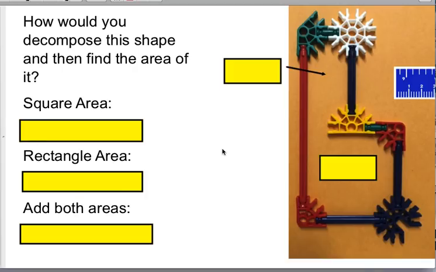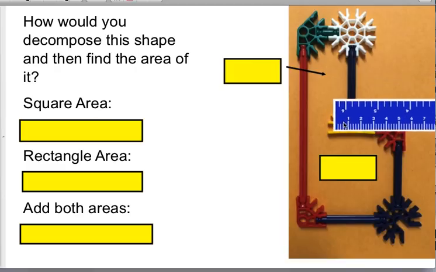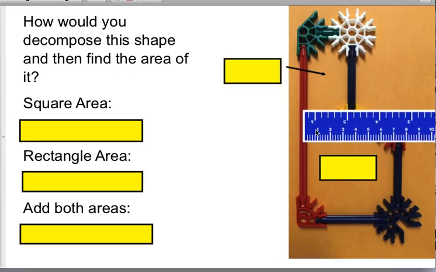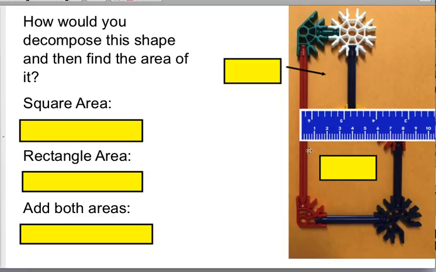In this case, again, I always like to go with the square area first, because squares are pretty easy to measure. We only have to take one measurement. So if I measure the length of my square, I can just measure from the edge of the red rod to the edge of the blue rod, because this little bit hanging out over here doesn't matter much.